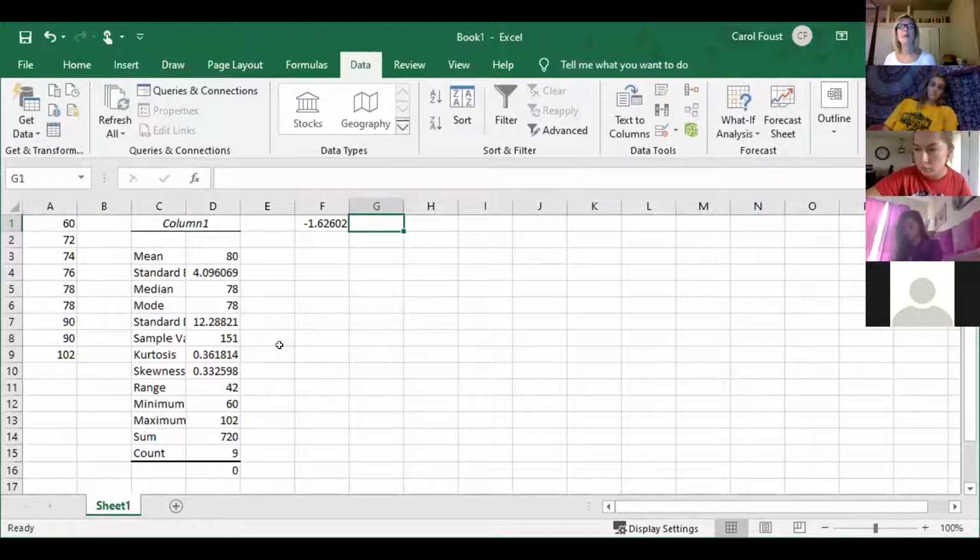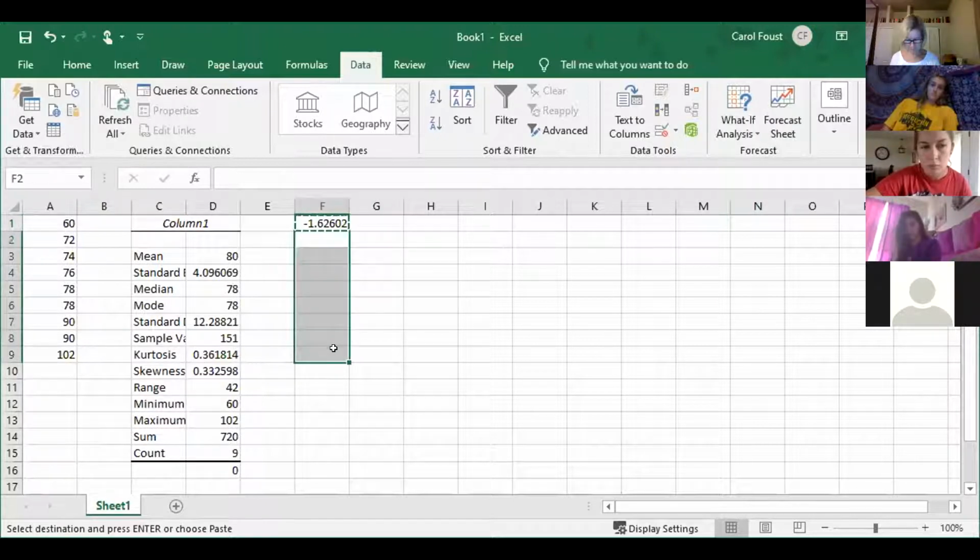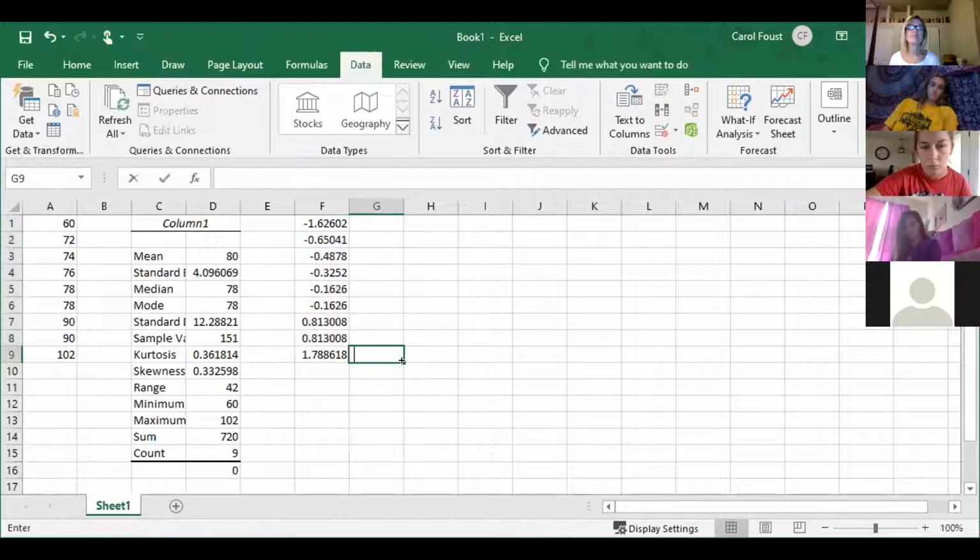That would give you the z-scores. You can see whatever your score was over here, you should be able to see your z-score over here. Easily calculated: the raw score minus the mean divided by the standard deviation is a z-score.